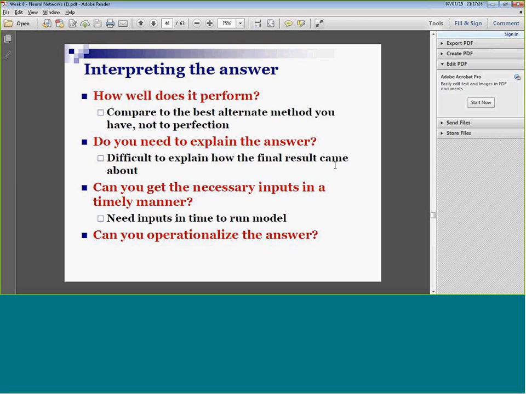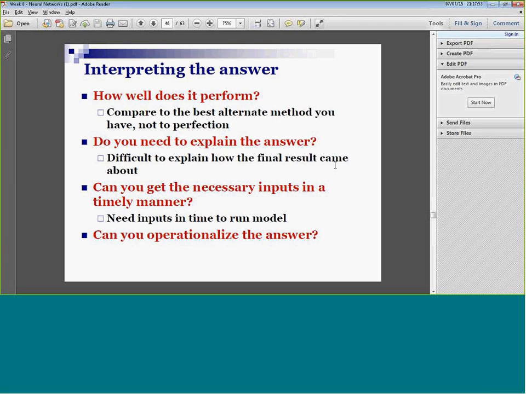For example, I mentioned that virtually all credit card issuers use the Hecht-Nielsen neural network to determine whether a transaction is fraudulent. It will detect between 40 and 50% of fraud. Doesn't sound very good, except the best statistical models they used before that could only detect 20 to 25% of fraud. So we're talking about twice as good.